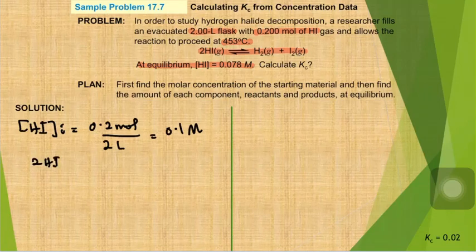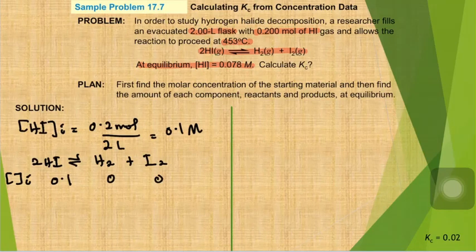So our ICE table is 2HI, H2, plus I2. Concentration initial for HI is 0.1 molar, H2 is 0, I2 is 0, because initially in the container we just fill it with the reactant, which is HI. And then the concentration changes.